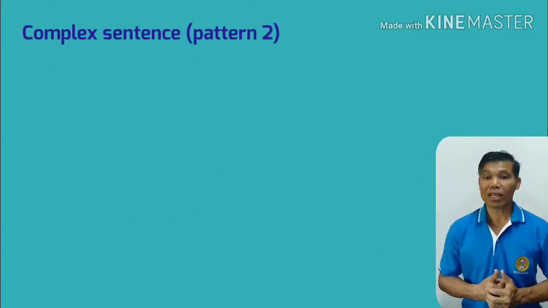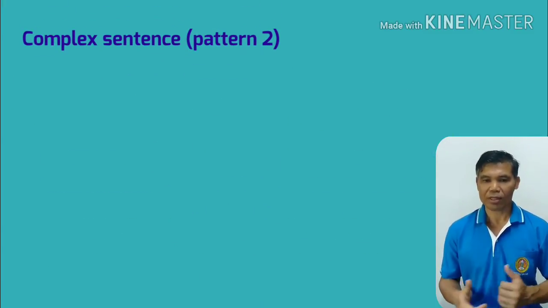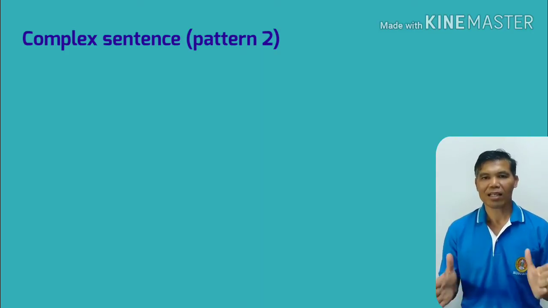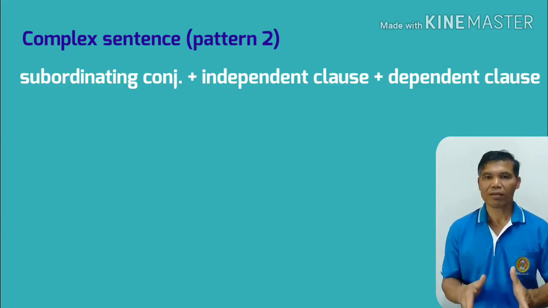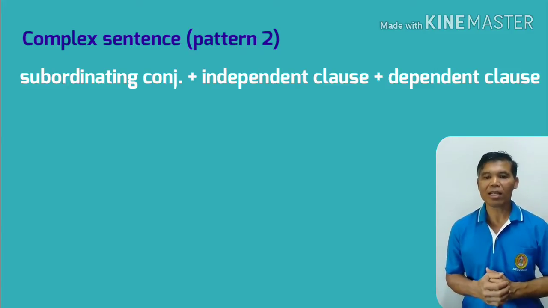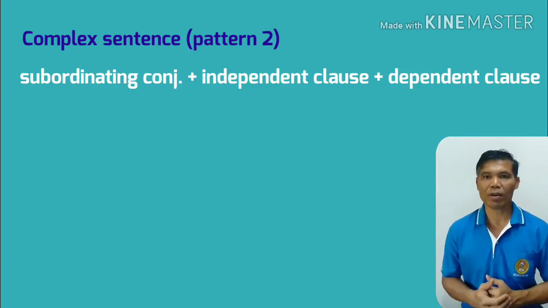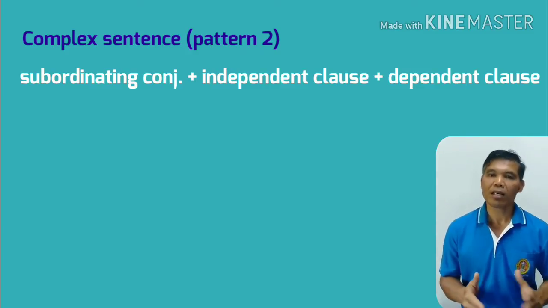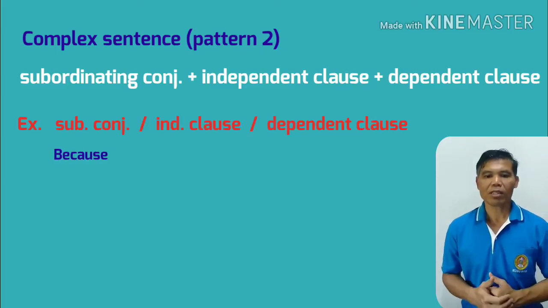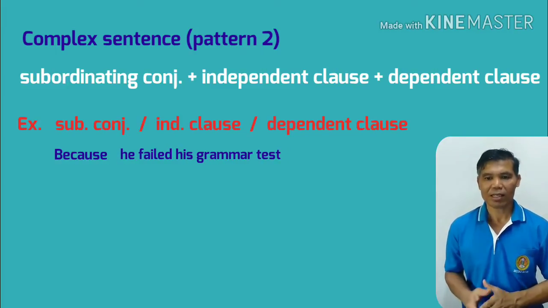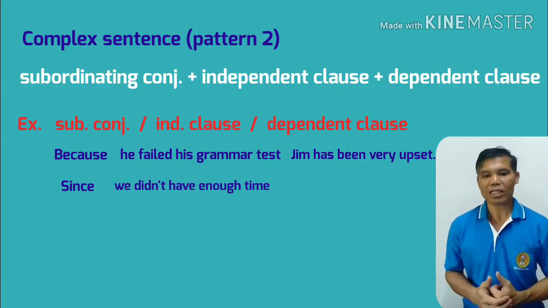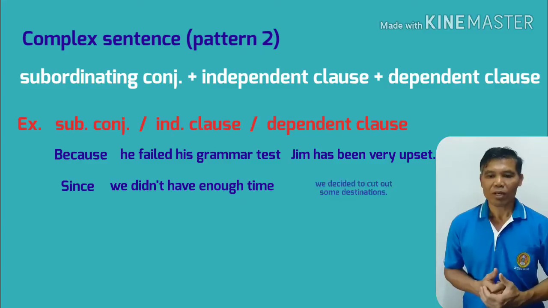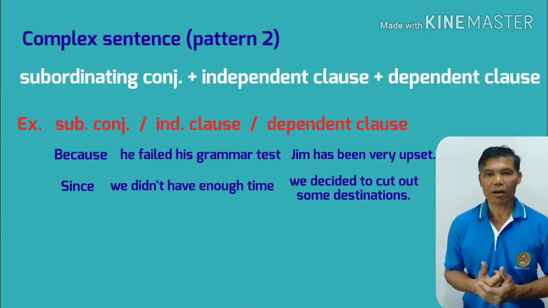Next, we move to complex sentence pattern 2. The structure goes like this. A subordinating conjunction comes first, followed by a dependent clause, and followed by an independent clause. For example, because he failed his grammar test, Jim has been very upset. Since we didn't have enough time, we decided to cut some of our destinations.